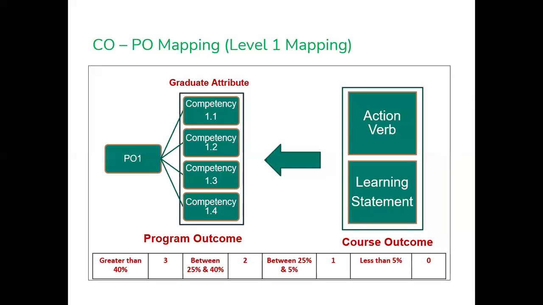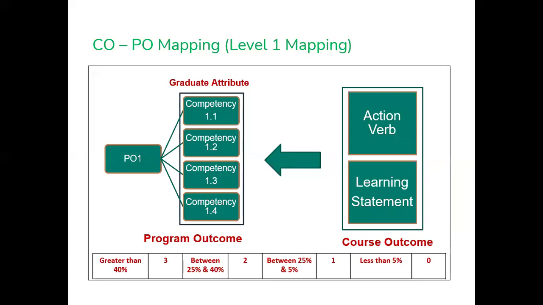So the competencies are there, and for example, you can consider a CO. Suppose CO1. The CO consists of an action verb and a learning statement. Now, check how many of these competencies are addressed by that particular CO. How many of the competencies of that PO are addressed by a particular CO. If it is more than 40%, you can give 3.